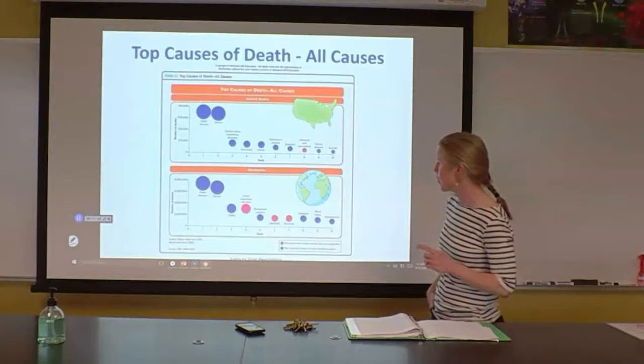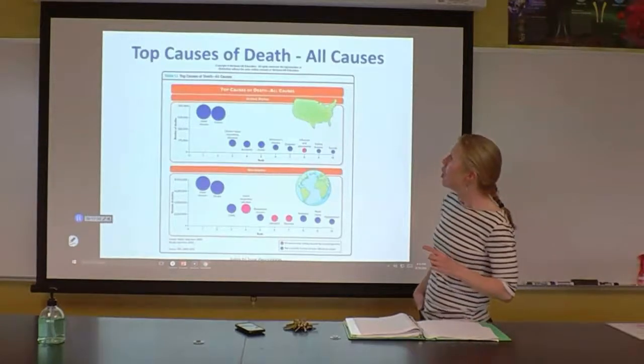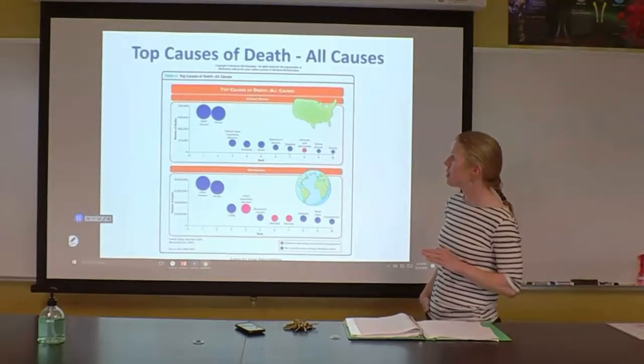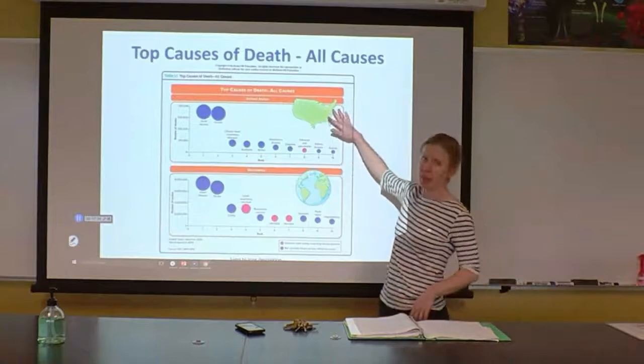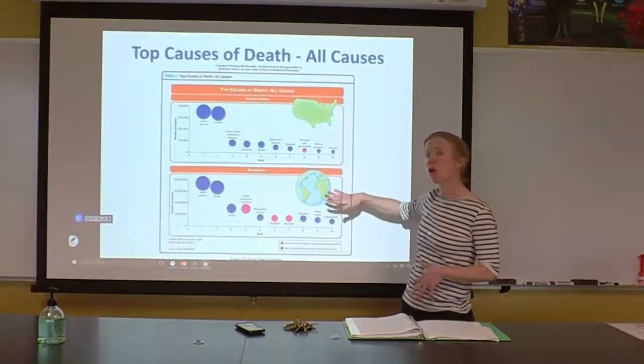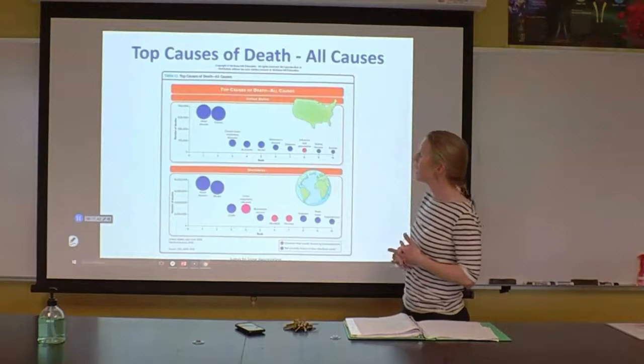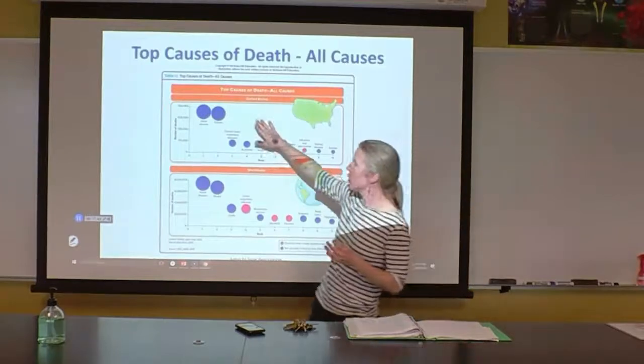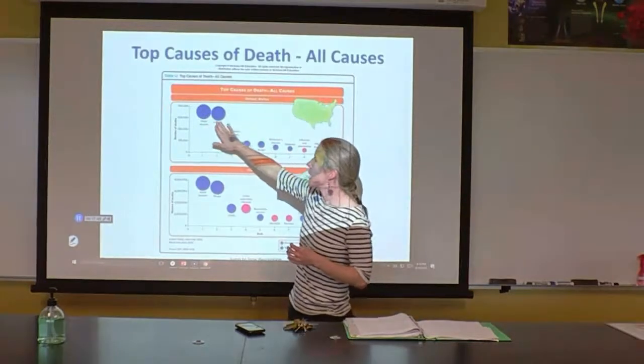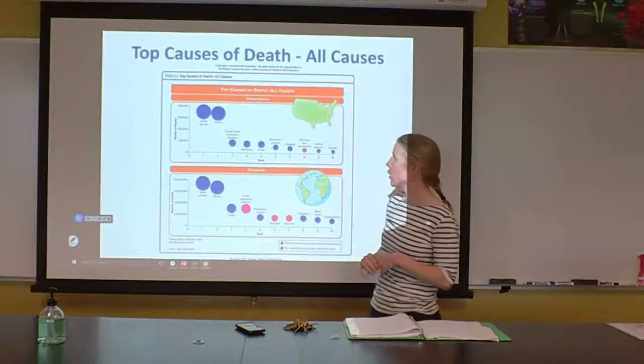This I did think was interesting. This is an image out of your textbook showing causes of death. And it's just a neat comparison of the U.S. versus the world. Now, this is all kind of up in the air right now, right, with COVID-19. But notice what they're showing you here in the U.S. Heart disease and cancer are major killers.